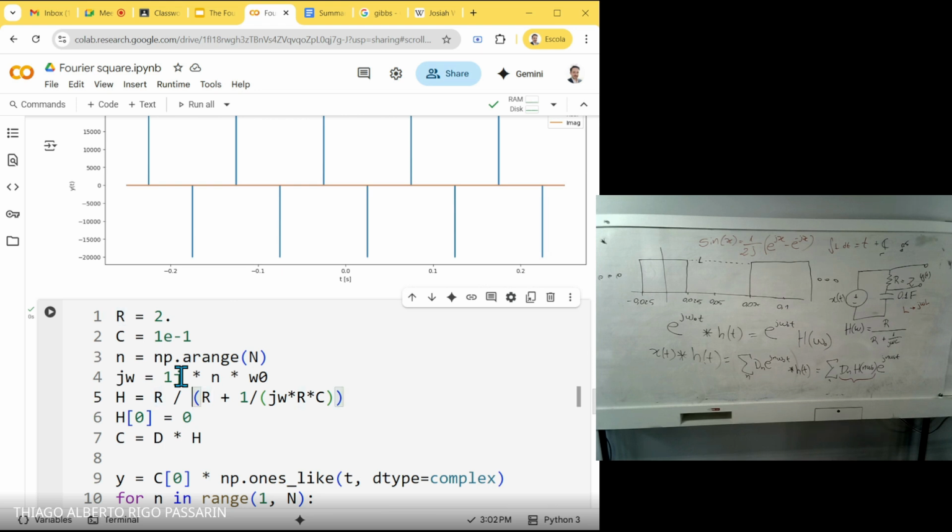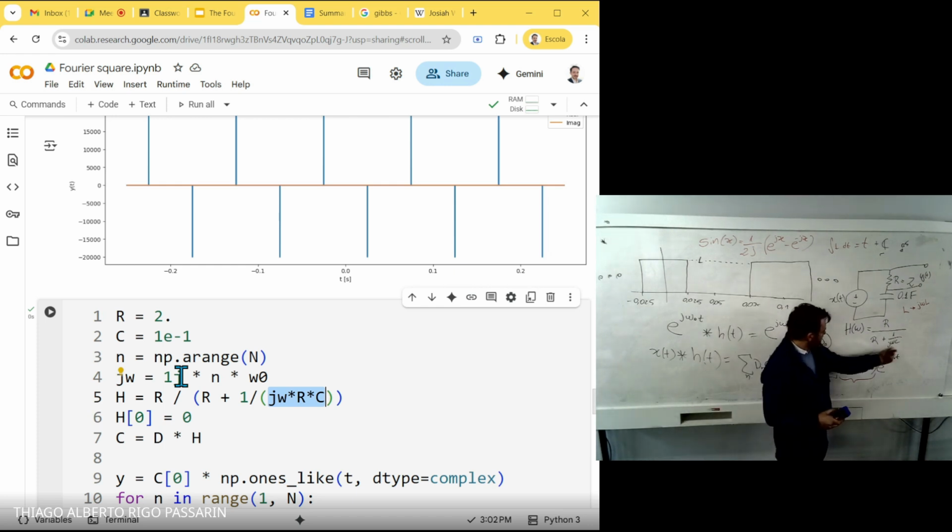So r times r plus 1 over j omega rc. To avoid division by 0, here I would have a division by 0, right? For frequency 0, this guy would be infinite.